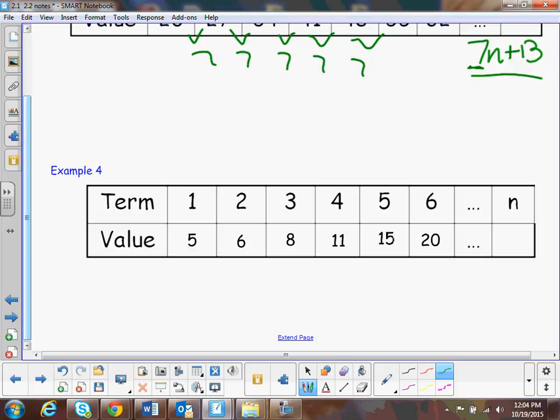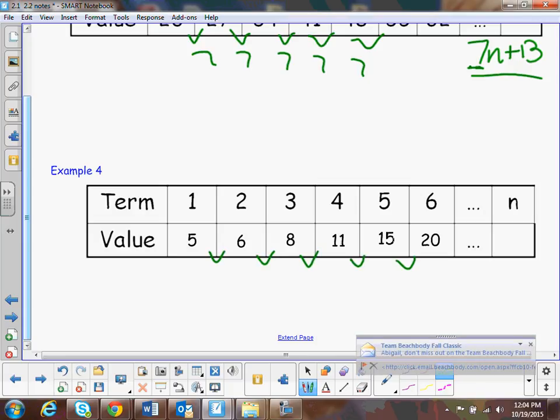Okay, so I'm not sure how your teachers talked about this last year, but what you want to do is take the differences. Hold on. So what does this go?